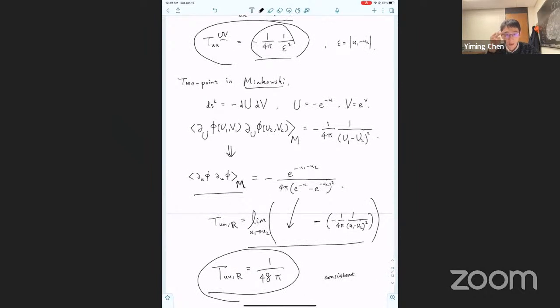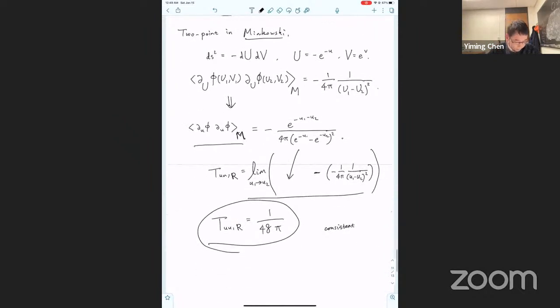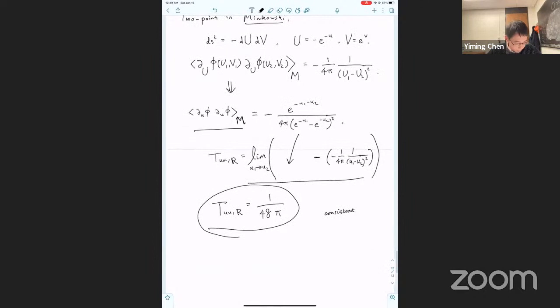Oh, okay, thanks. Yeah, I understand. So this value of the stress tensor is consistent with the temperature as measured by the eta coordinate to be 1/2 pi.